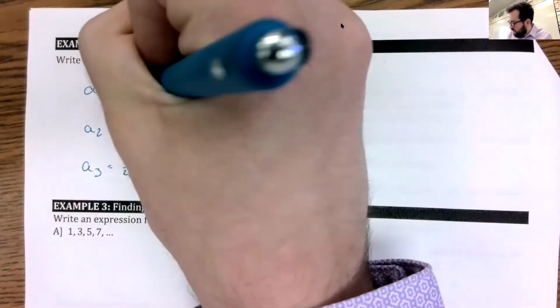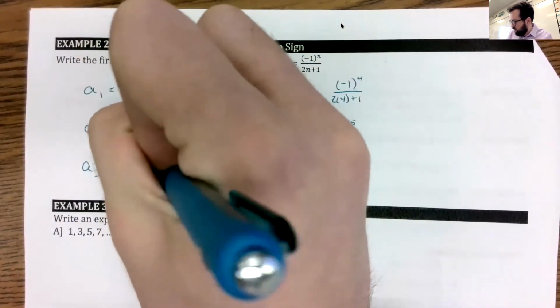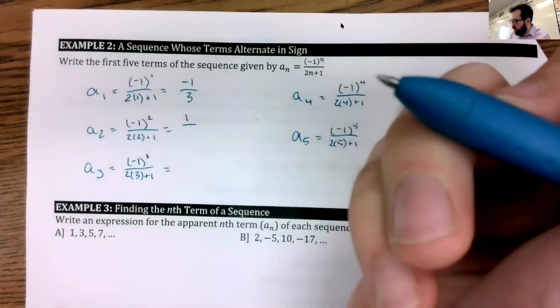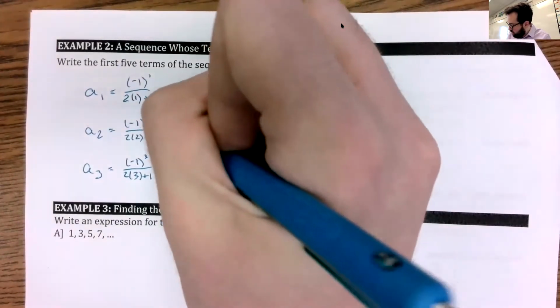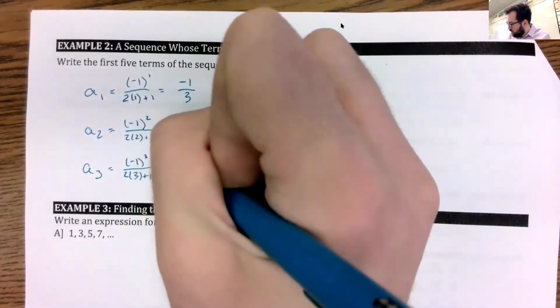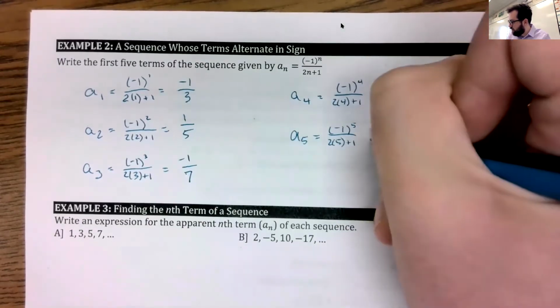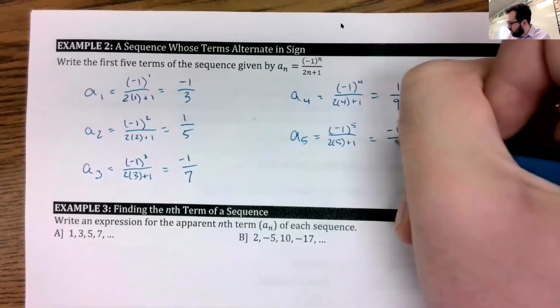Okay, and so in A sub 1, -1 to the first gives us a -1. 2 times 1 plus 1 gives us a 3. And the second one, -1 squared, is +1 over 5. Then we have -1 over 7, +1 over 9, -1 over 11.